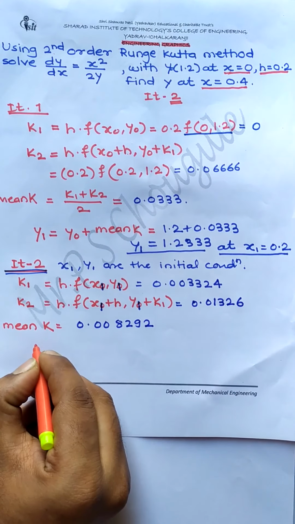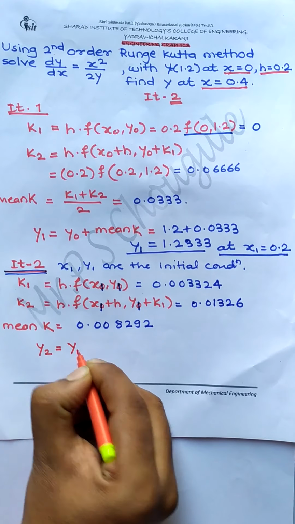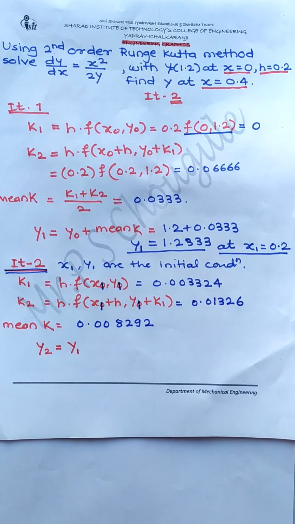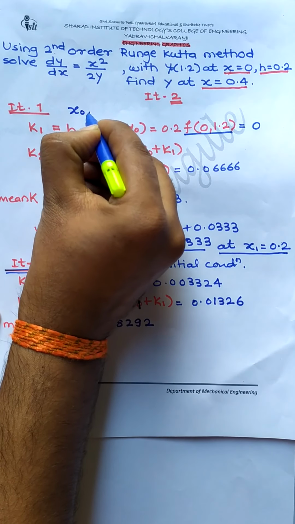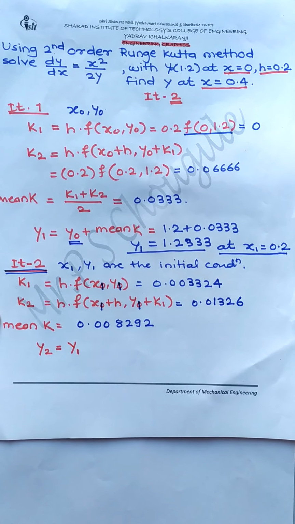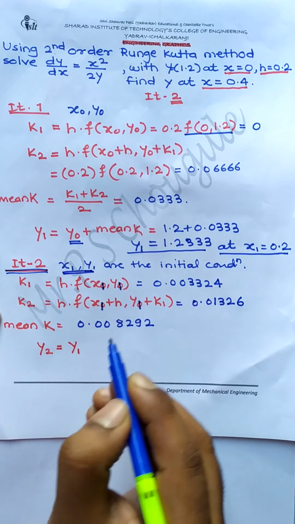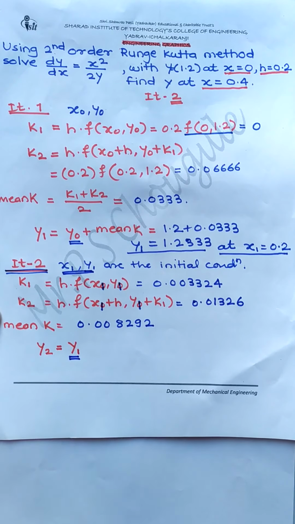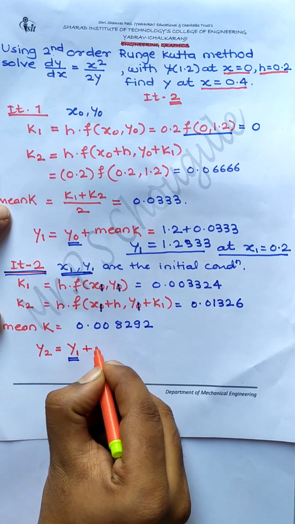Now we need to find the value of y2, which is equal to y1. See, in the first iteration, x0 and y0 are the initial conditions, so I have taken y0 there. In the second iteration, x1 and y1 are the initial conditions, so I have taken here y1, plus the mean k.